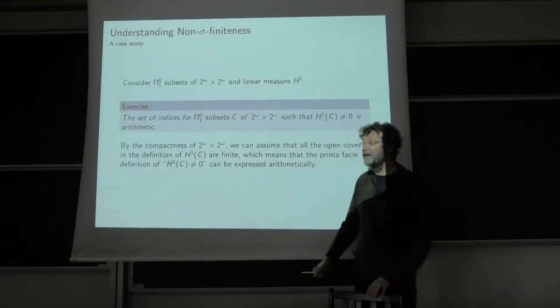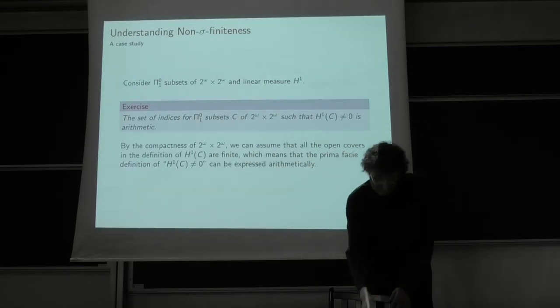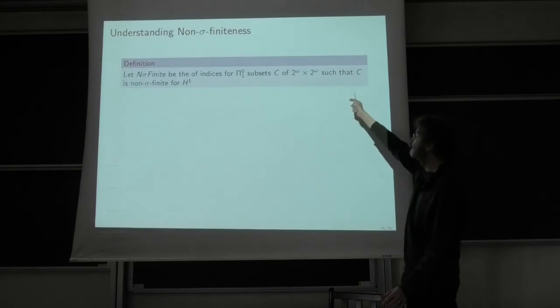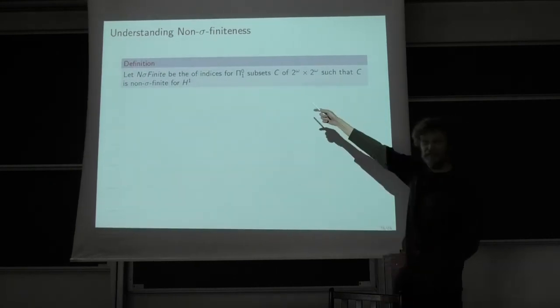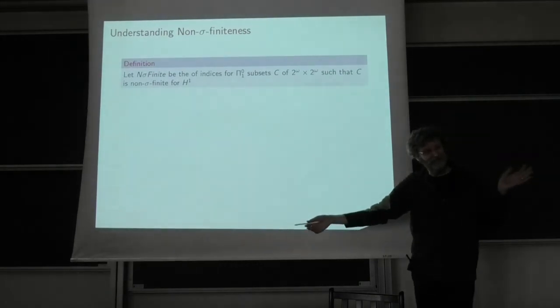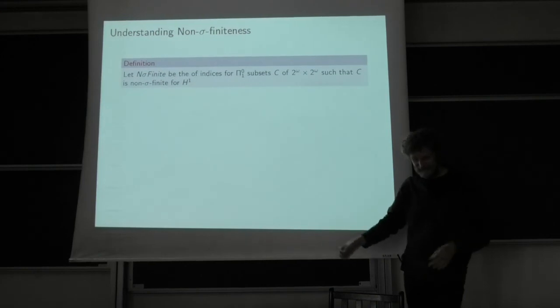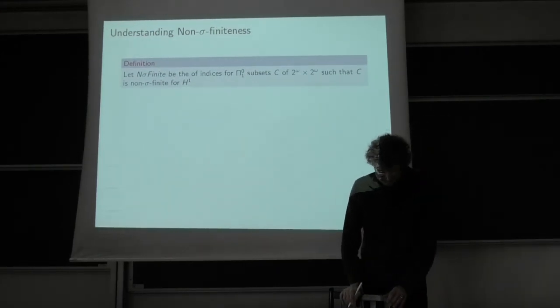Non-zero is a set of indices for things that have non-zero measure. Non-sigma finite is a set of things that have non-sigma finite measure. Of course, the whole space has dimension two. It's not sigma finite for linear measure. And so there are examples of things that are not sigma finite for linear measure.